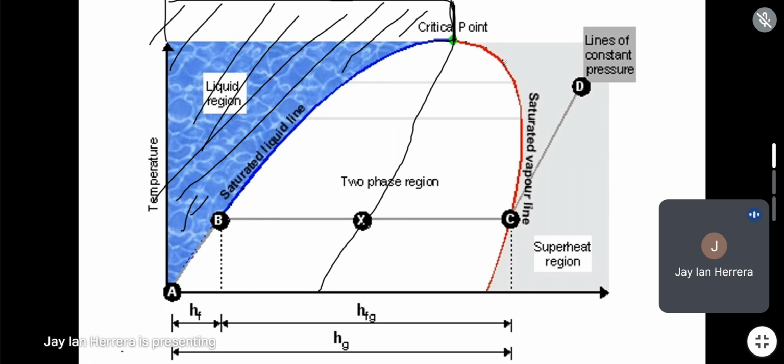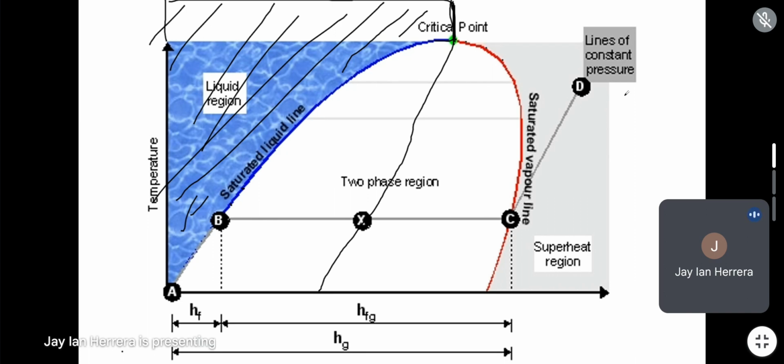So totally evaporate na yung tubig or wala nang moisture content dito sa curve na to. So, purely vapor na yung part na yan. Wala nang liquid state yung water dito, yung steam dito. Purely gas na yan sa saturated vapor line.